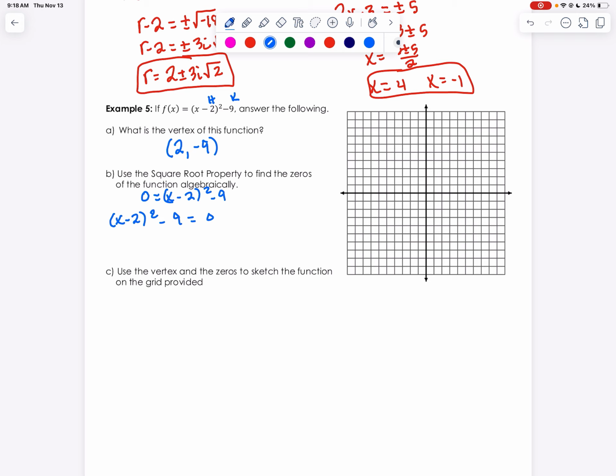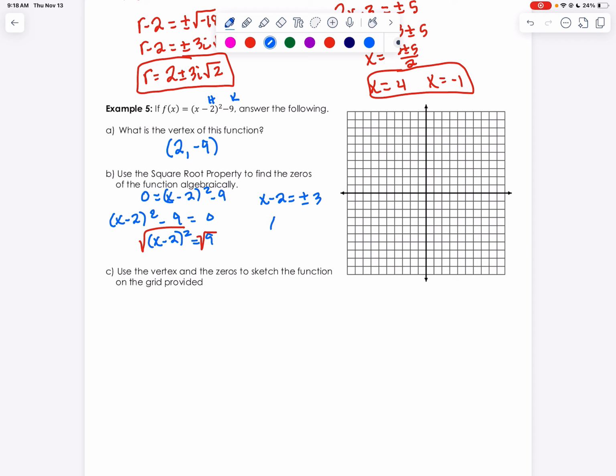And then we're going to solve for x using our square root property. So add 9 to both sides to get x minus 2 quantity squared equals positive 9. Square root both sides, and we get x minus 2 equals plus or minus 3.